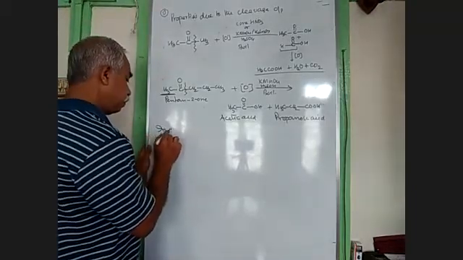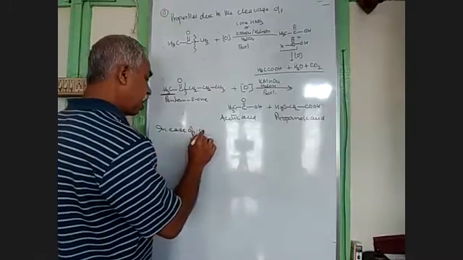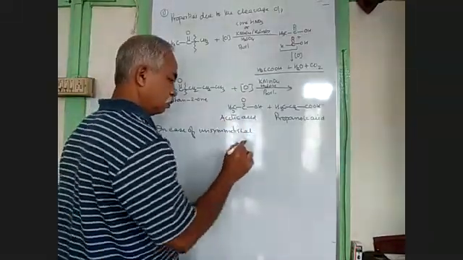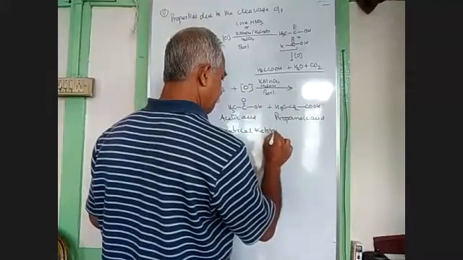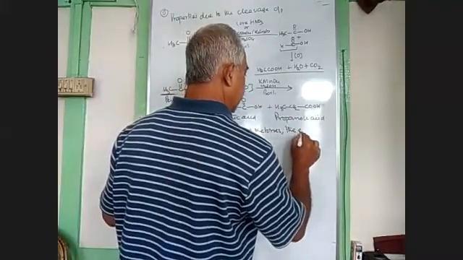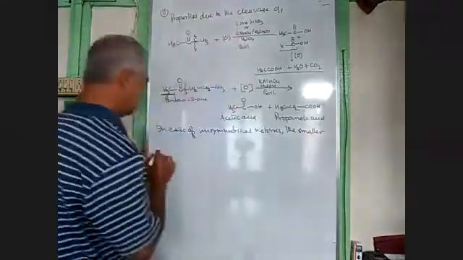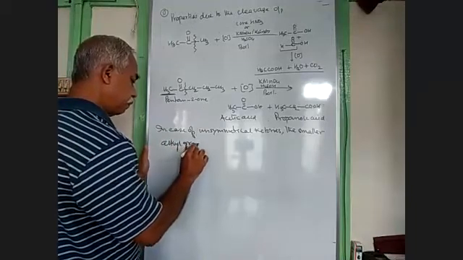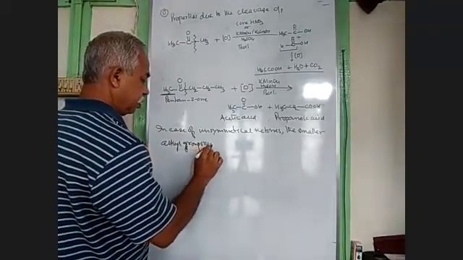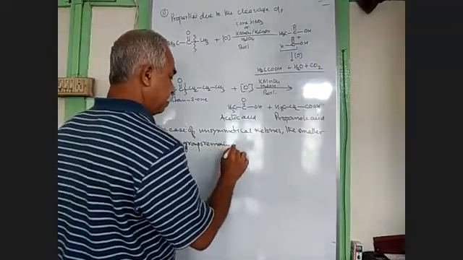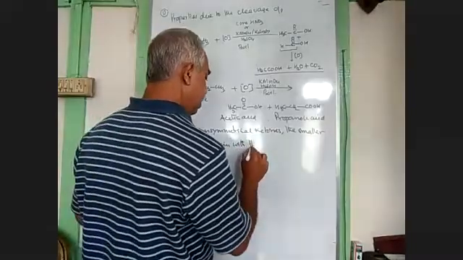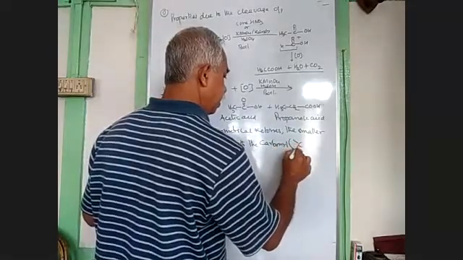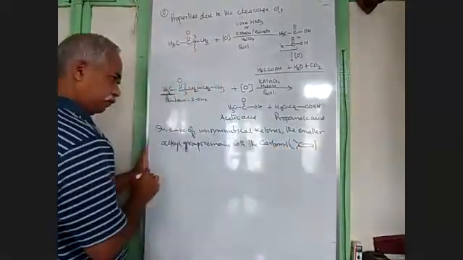In case of unsymmetrical ketones, the smaller alkyl groups remain with the carbonyl carbon.